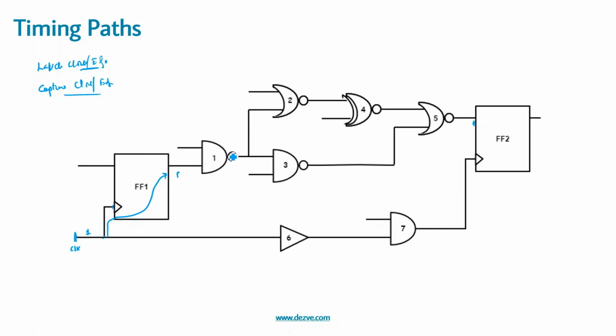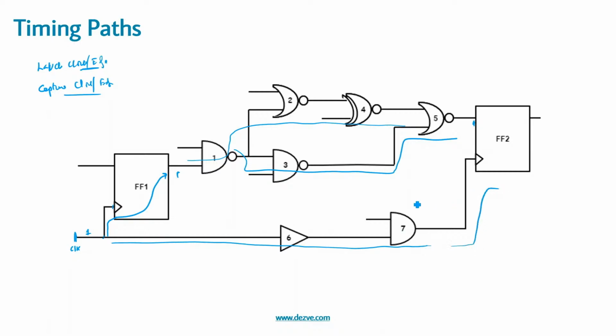It could have various paths, correct? It could go via this path, or via this path, and in many cases the clock will go via this path. If certain other paths existed, it could have taken those as well, correct?